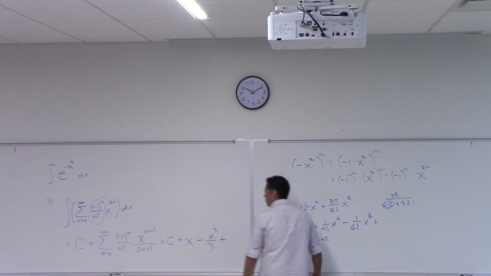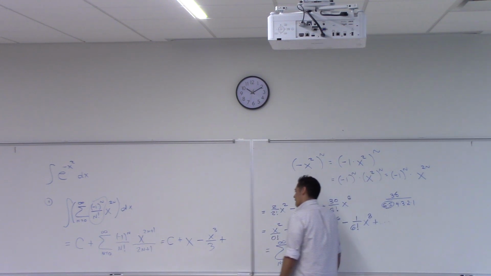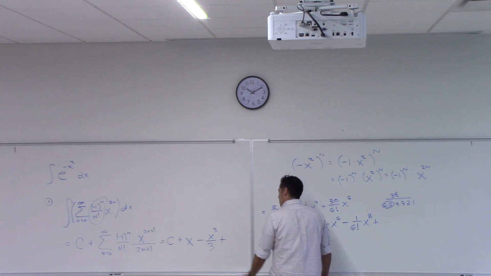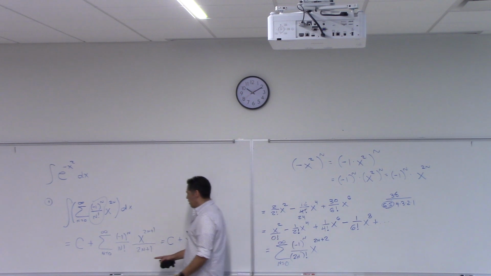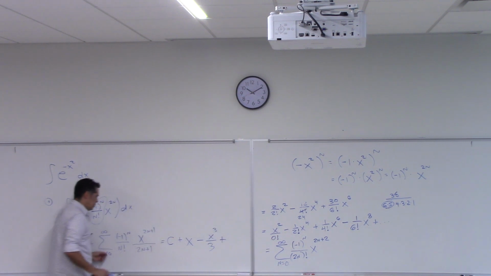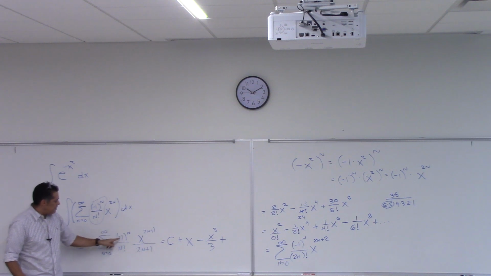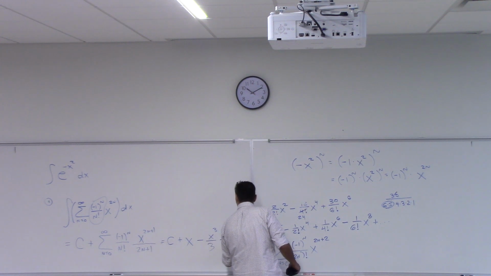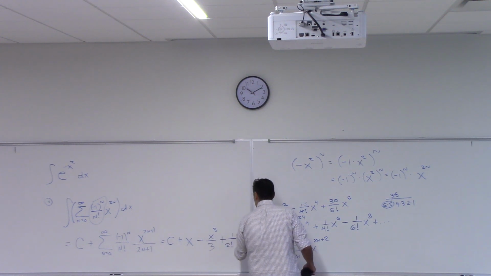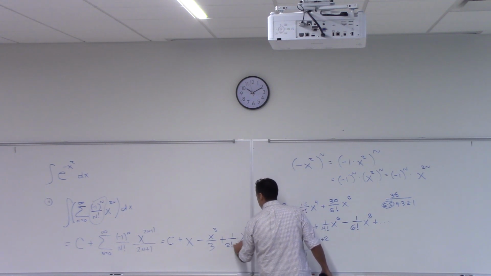Next one will be a plus, won't it? x to the what? 5th. Yeah, so where are we right now? This is plugging in 0, this is plugging in 1. When you plug in 2, you get a positive over what? 2 factorial. Don't forget the 2 factorial. And then x to the 5th over 5.